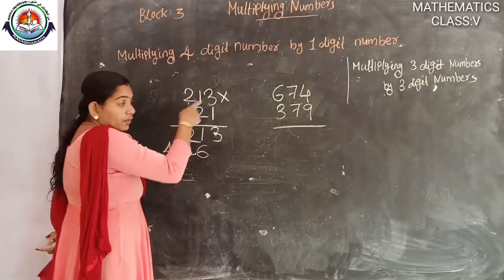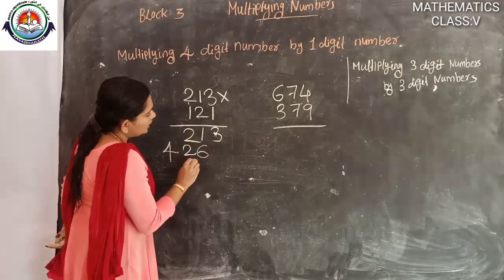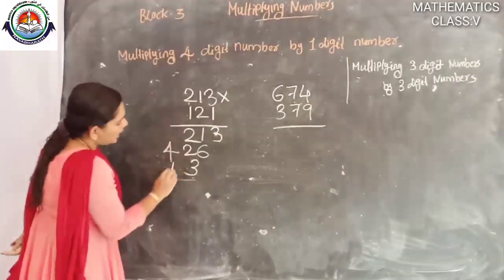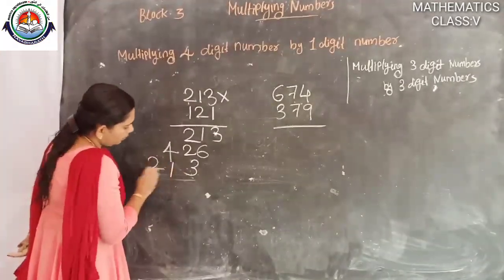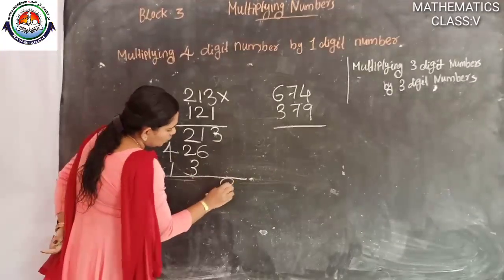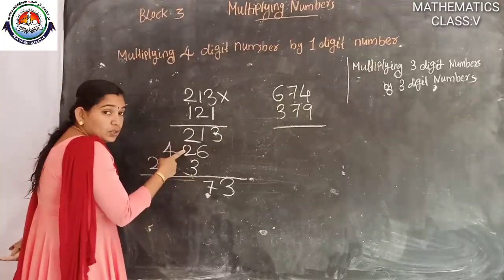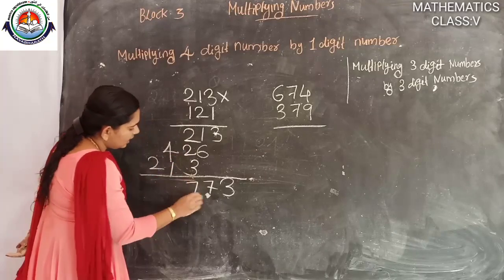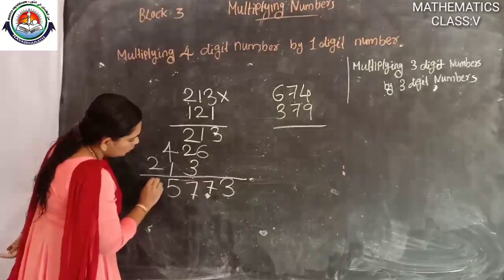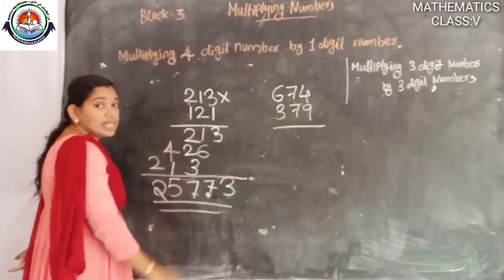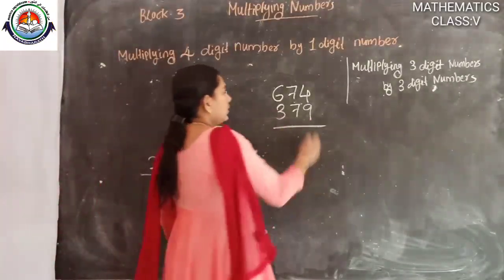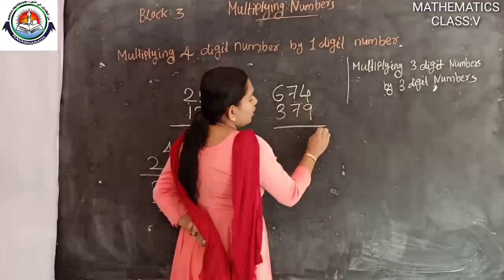Then with 1 we want to multiply. 3, 1, 2. Then add it. 3, 7. 2 plus 2, 4. 4 plus 3, 7. 5, 2. This is the answer.